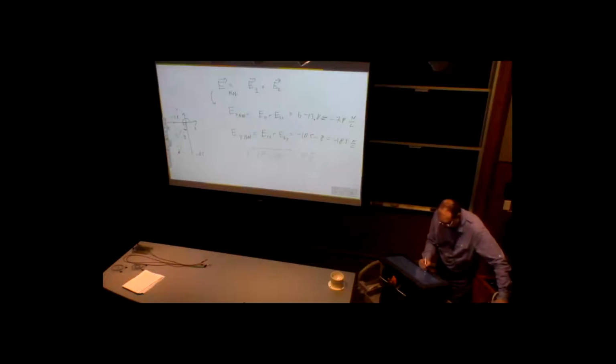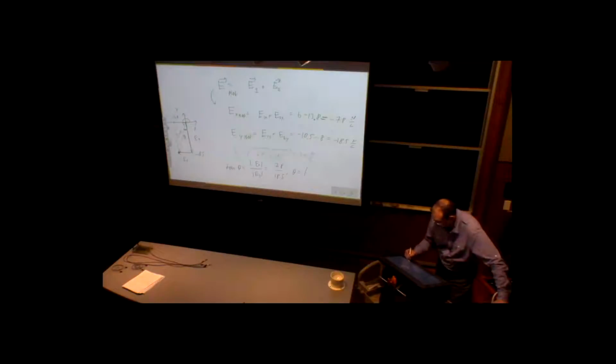And how do we get it? Well, I would use a tangent. The tangent of this angle should be equal to the ratio x over y, 7.8 over 18.5.